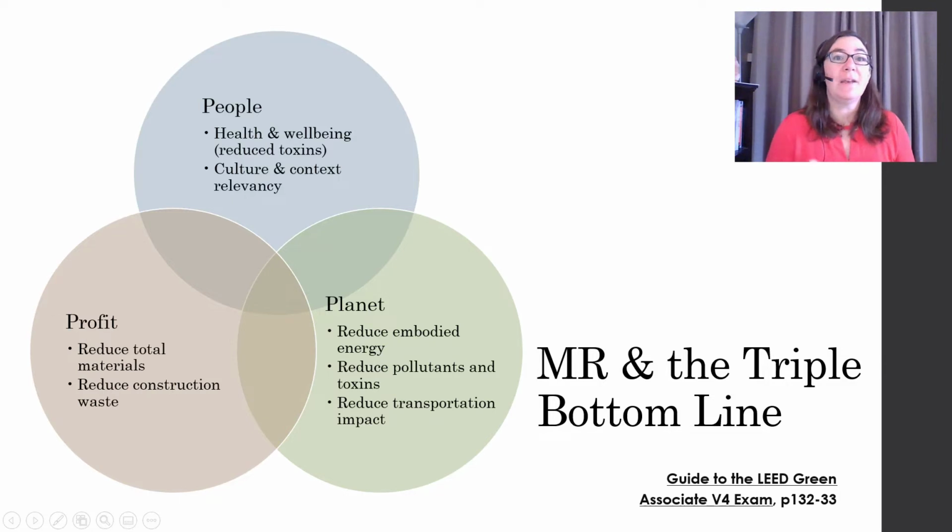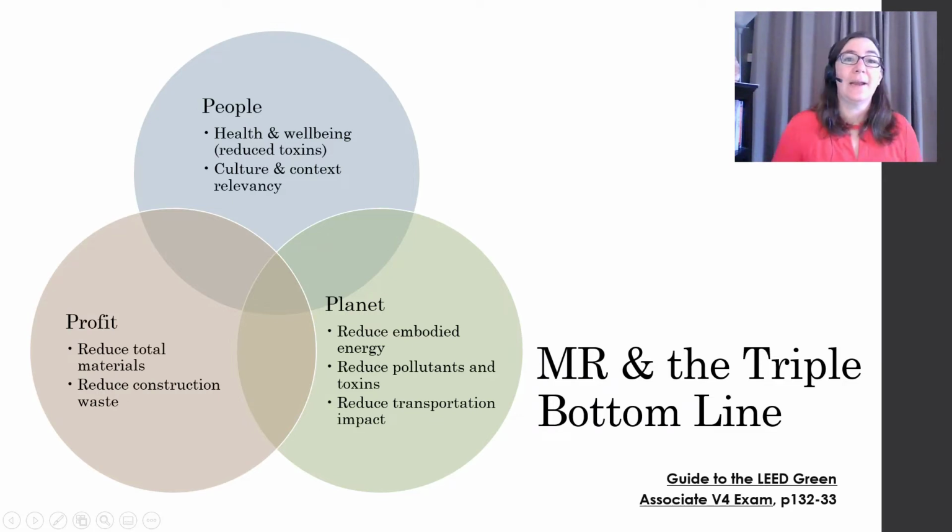Moving on to some benefits for the planet. These ones are easier to understand. By careful selection of materials and resources, you can reduce the embodied energy in your materials. You can reduce pollutants and toxins in the environment. And you can also reduce the transportation impact of the materials that you select.